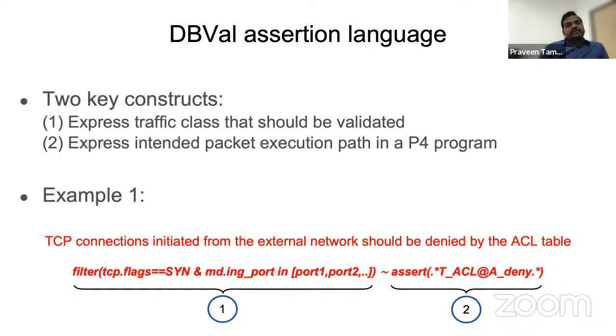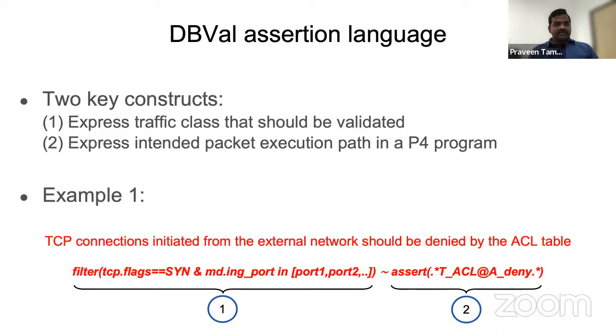To be more specific, consider this example where you have a policy saying that TCP connections that are initiated from the external network should be denied by the ACL table. Then you could translate this objective in plain English to the assertion that you see here.